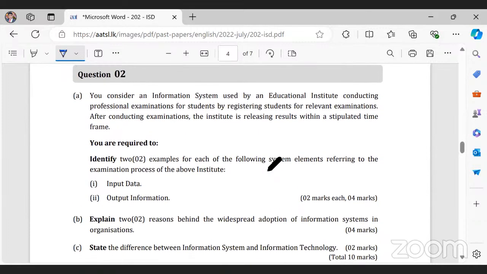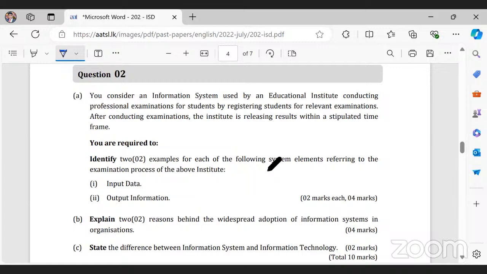Section number 2. Consider an information system used by an educational institute conducting professional examinations for students by registering students for relevant examinations.